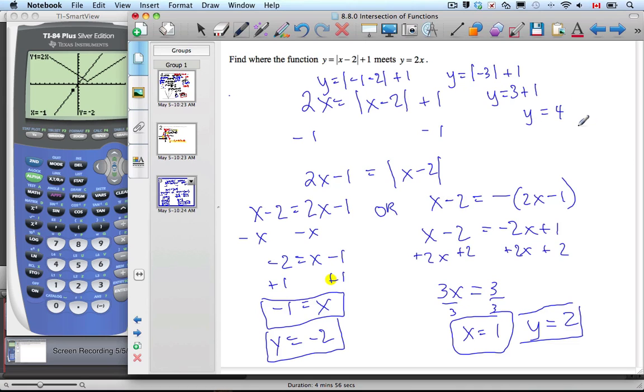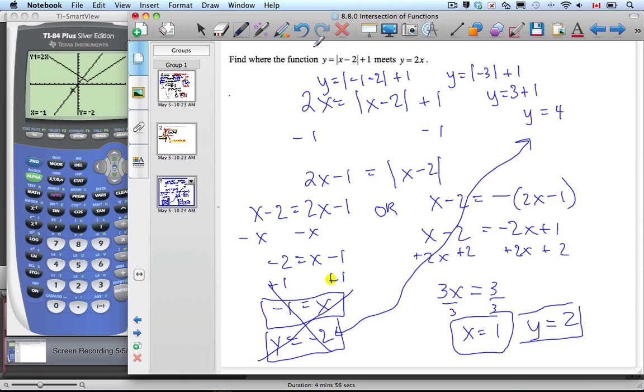That value is not the same as y equals negative 2, so we have to eliminate the solution x equals negative 1. There's only one possible solution for this scenario. Typically we'd go ahead and check this solution to make sure it's true.